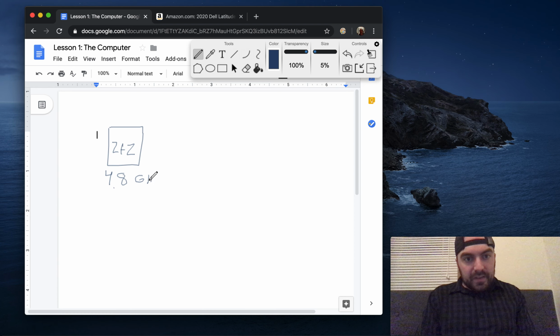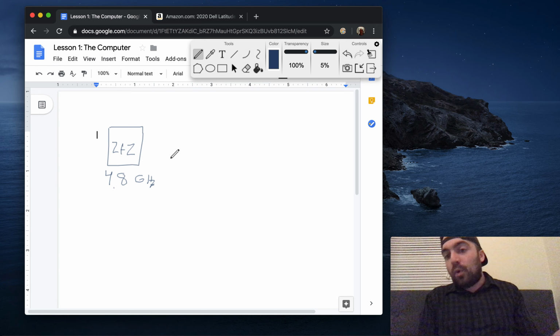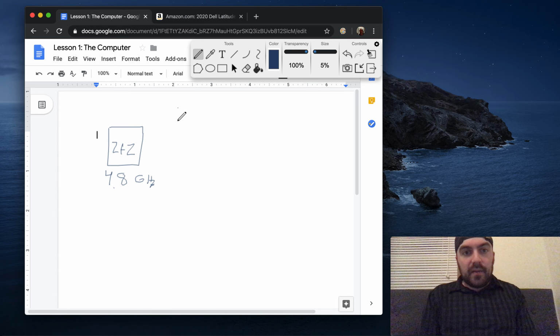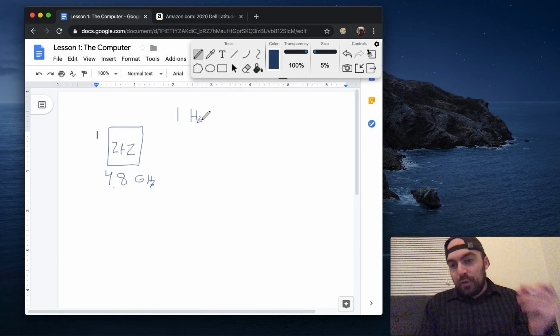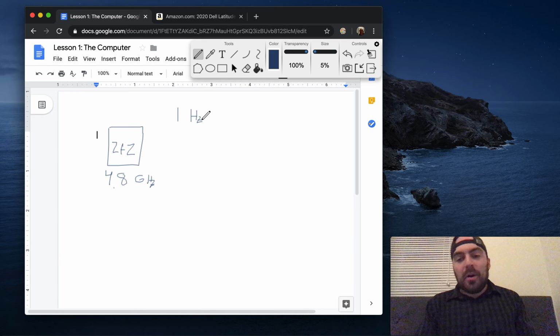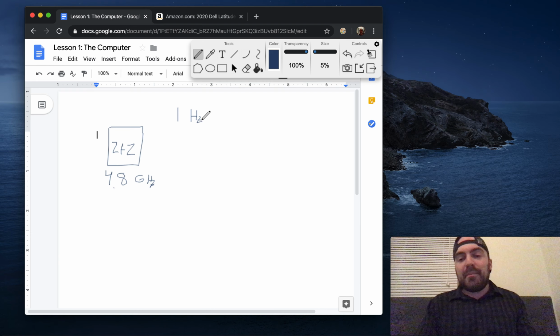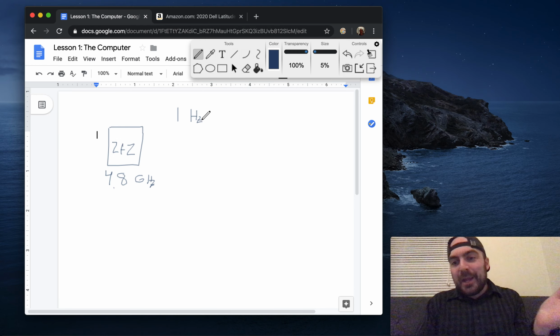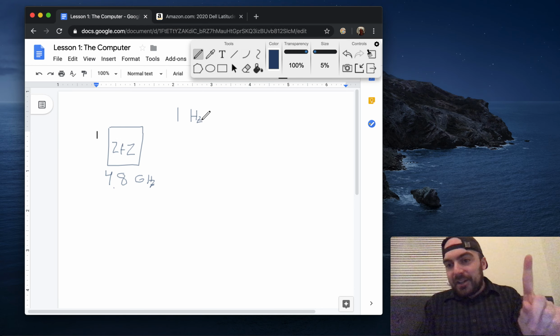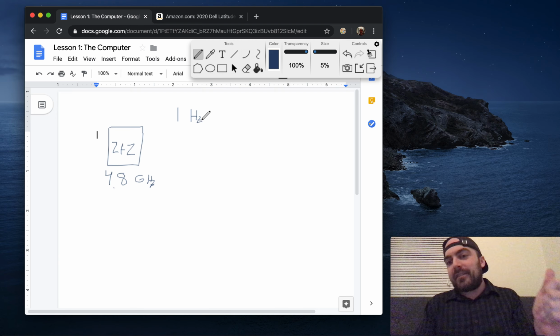What this means is, let's start with 1 hertz. 1 Hz is 1 calculation per second. So how fast can you do 2 plus 2? I say, hey, what's 2 plus 2? I might have to wait a second before you shout out 4. If you say the right answer in a second, that's 1 hertz. You just did 2 plus 2 at 1 hertz.